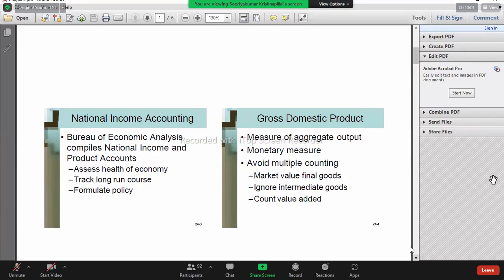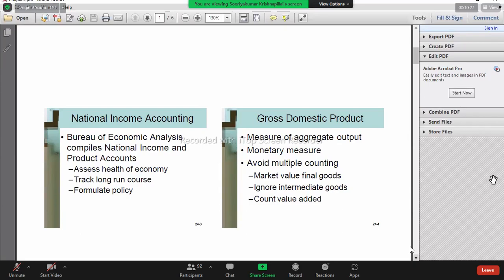So to avoid the double counting, if we sum up the value added in each production unit, we will get the value of final goods. So we can avoid double counting if we use the value added procedure.